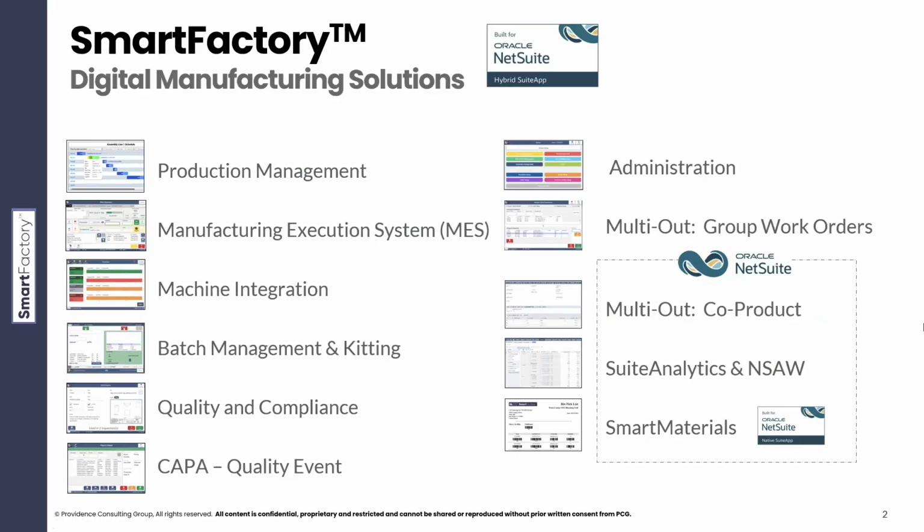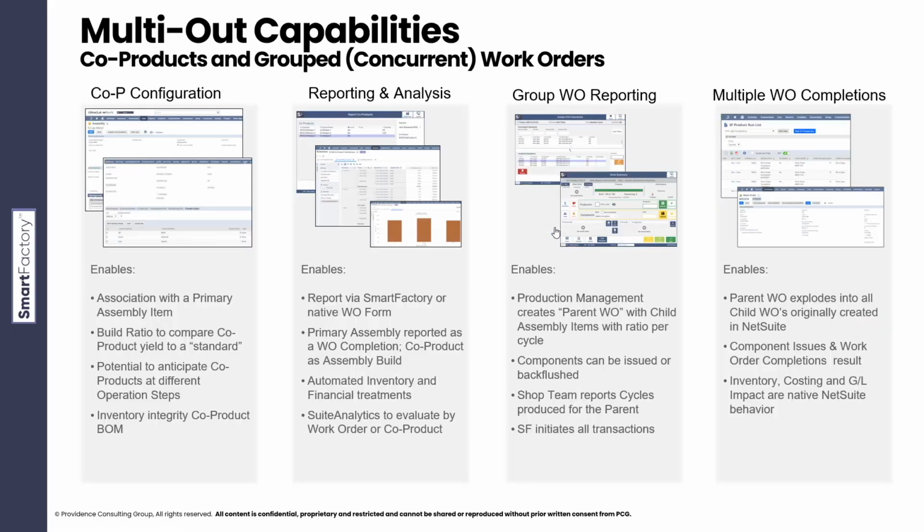Today we're going to look at multi-out functionality, specifically grouped work orders. Grouped work orders, or concurrent processing, are scenarios that you typically find in machine shops where a slitter operation may take a large master coil and cut multiple widths of the same material, each being represented by a different work order, or a die set that has a combination of dies capable of producing multiple parts at the same time.